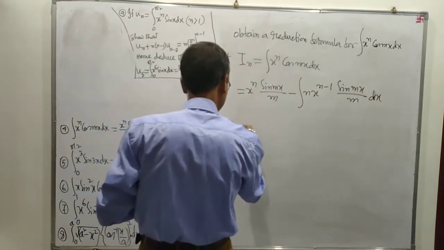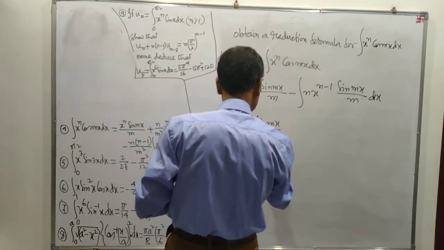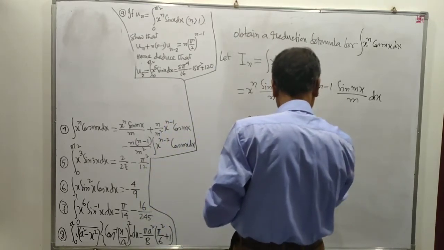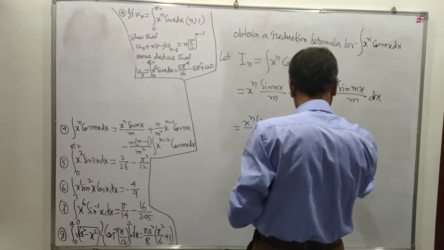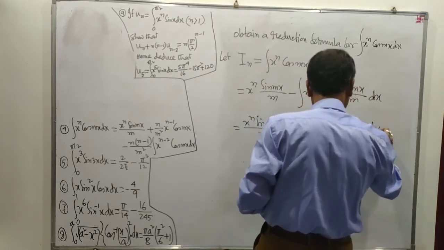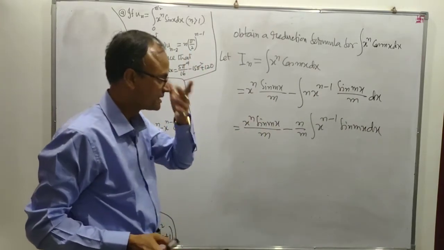This is equal to x to the power n sin mx divided by m minus n by m integration x to the power n minus 1 sin mx dx. We shall get this one.